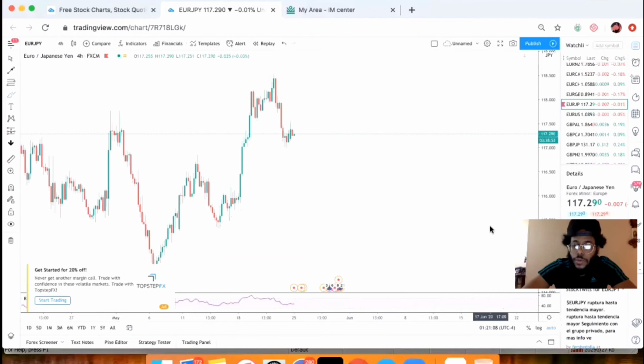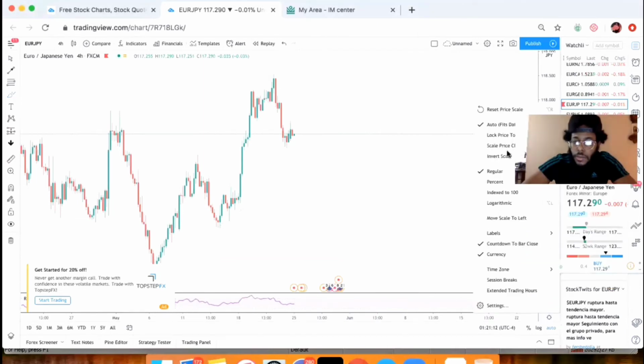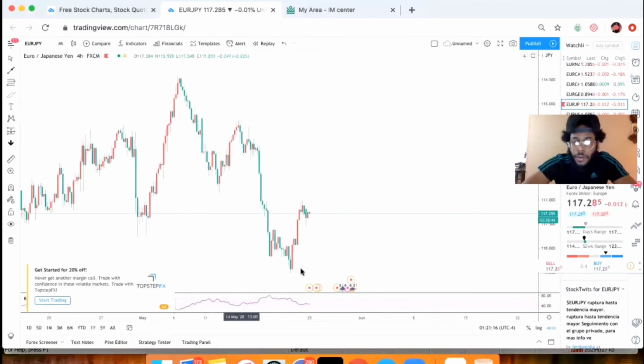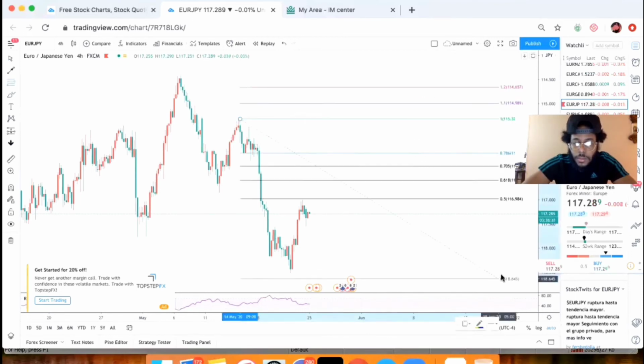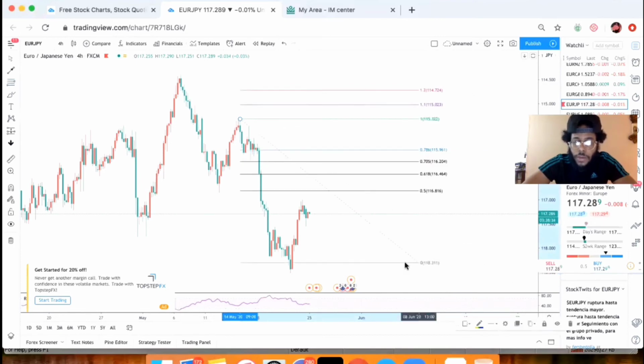So we can do it from the bottom to up too. If I flip the scale into inverse, now we have this move down. We can draw the fib from the top all the way down, and now it lets us know where those areas are.